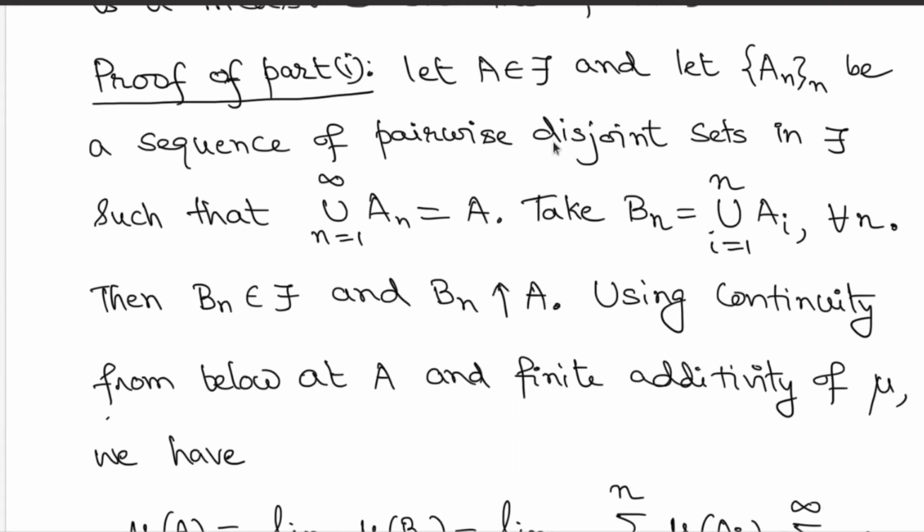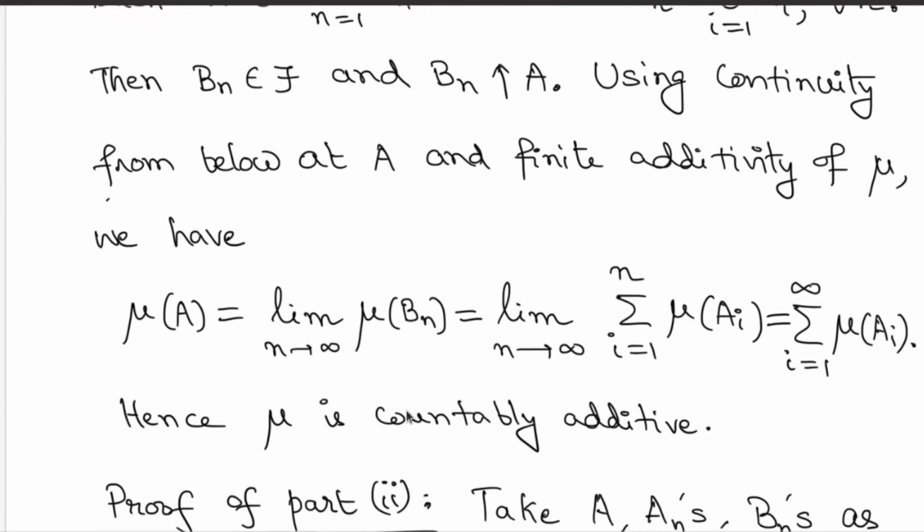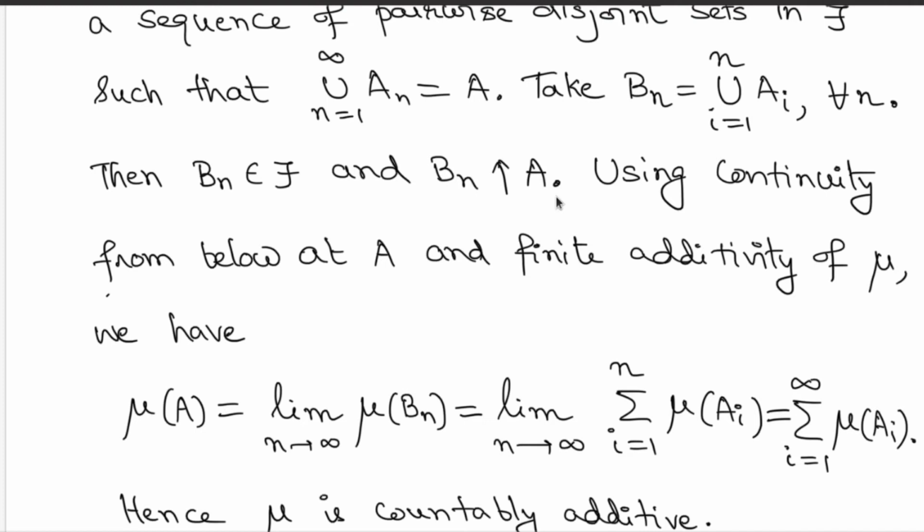Okay, now you are going to use the continuity from below at this set capital A, which is part of the hypothesis, and use the finite additivity. So what are you going to do? As Bn's increase to the set A, then mu of A is equal to the limit of mu of Bn. That's by the continuity property that is assumed. But then look at mu of Bn.